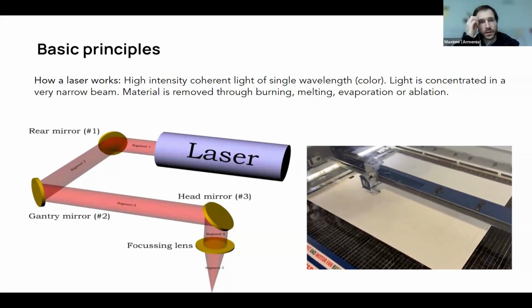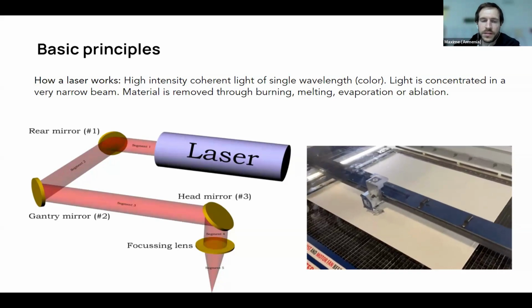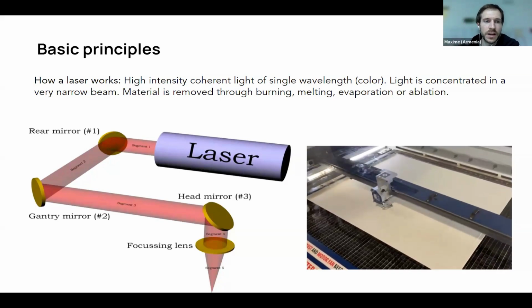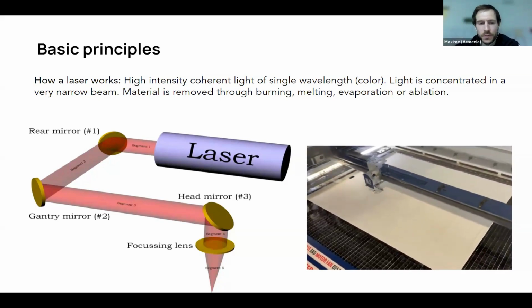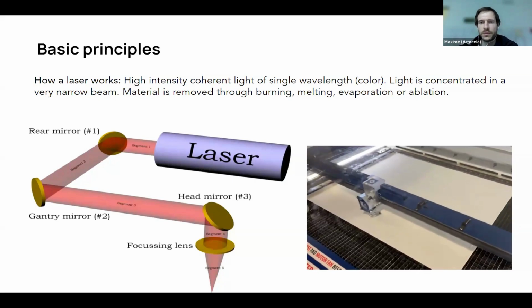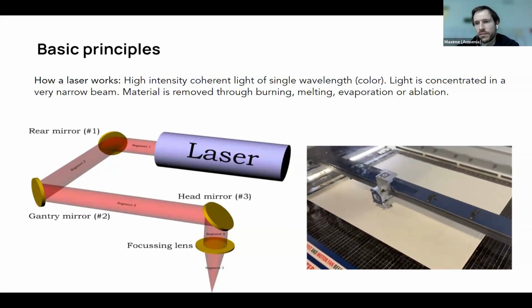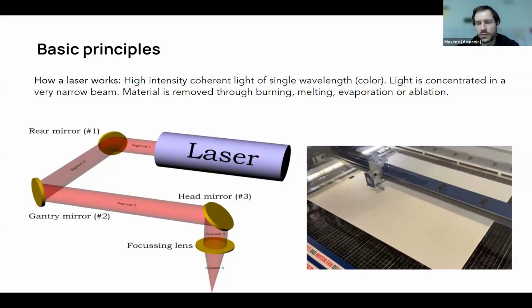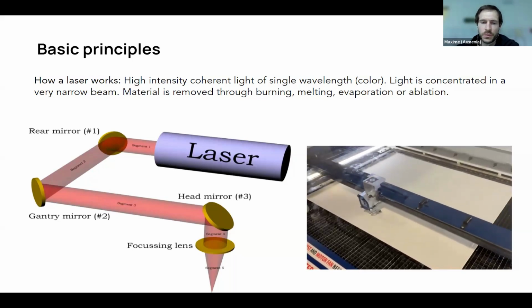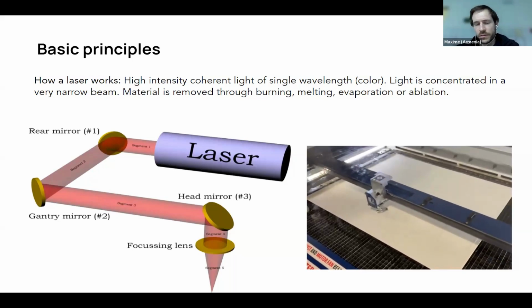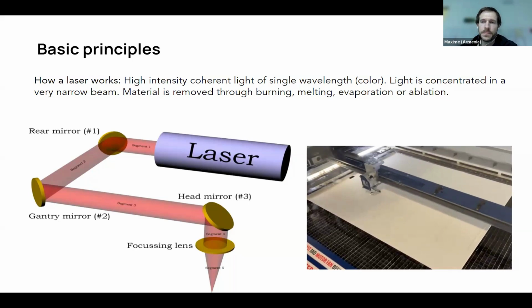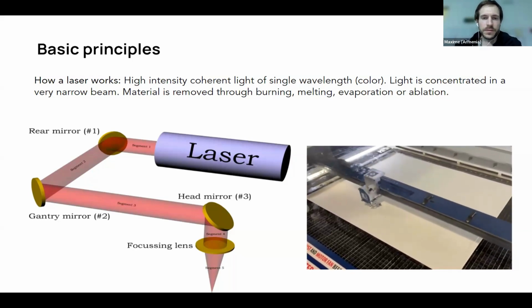Then this beam of light is reflected through mirrors and focused by a lens on a very tiny spot in order to concentrate the energy, which enables it to burn or cut through your material.